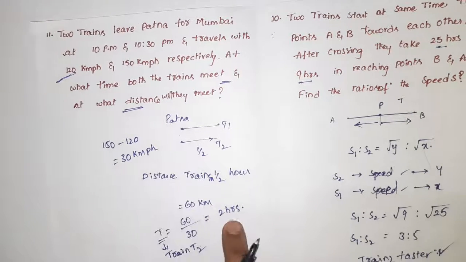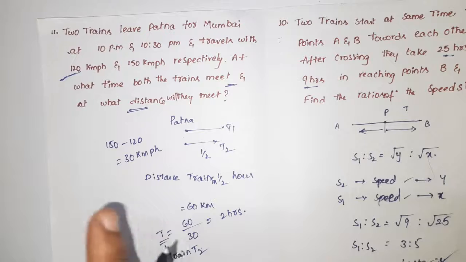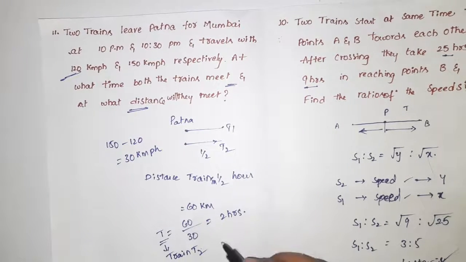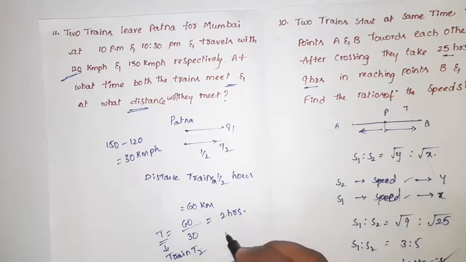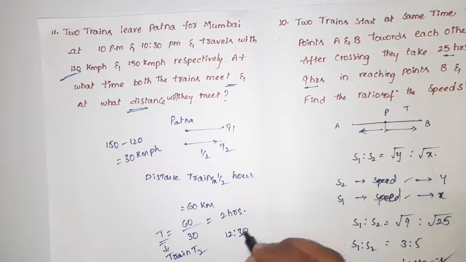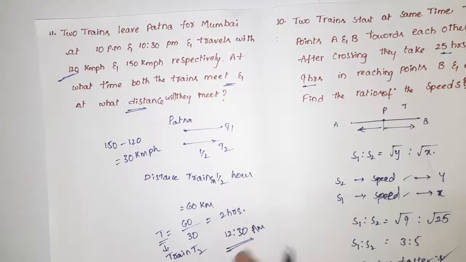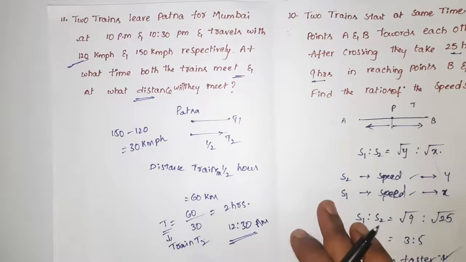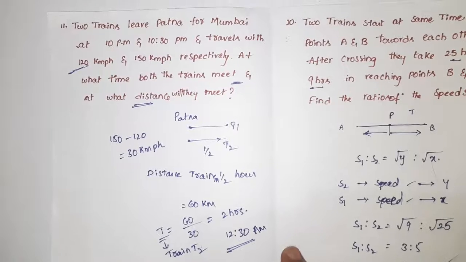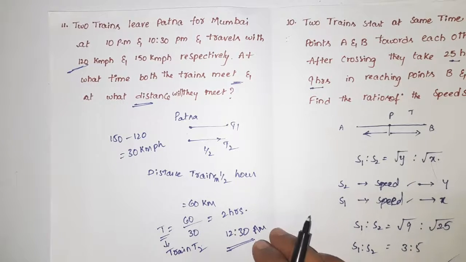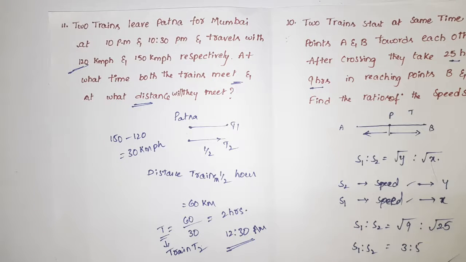After 2 hours of journey, train 2 meets train 1. It started at 10:30, so 10:30 plus 2 hours is 12:30. At 12:30 am, train 2 meets train 1. Now we are going to find the distance at which they meet.